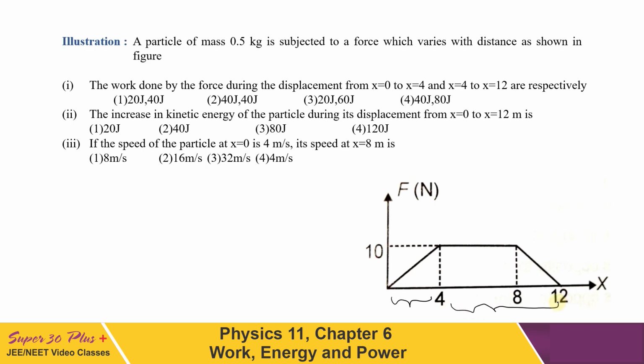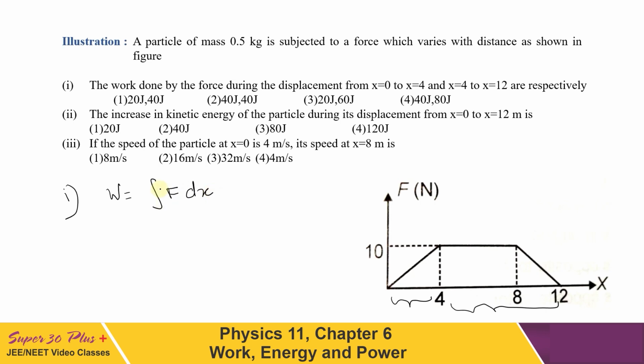So let's start calculating for the first part. From 0 to 4, as you can see, it is a graph between f and x, and we know that work done is equal to integration of f dx. Here I have written only dx, not dr, because f is dependent on x only.